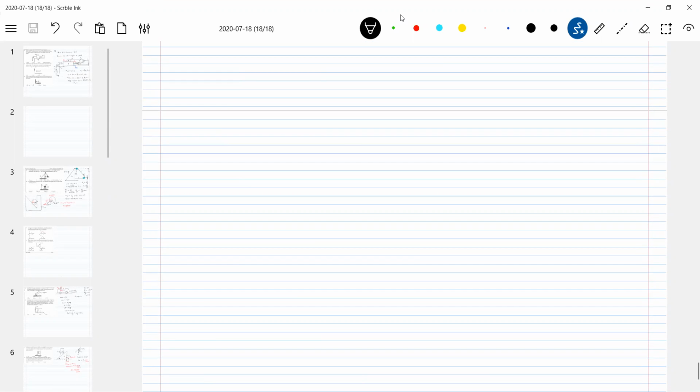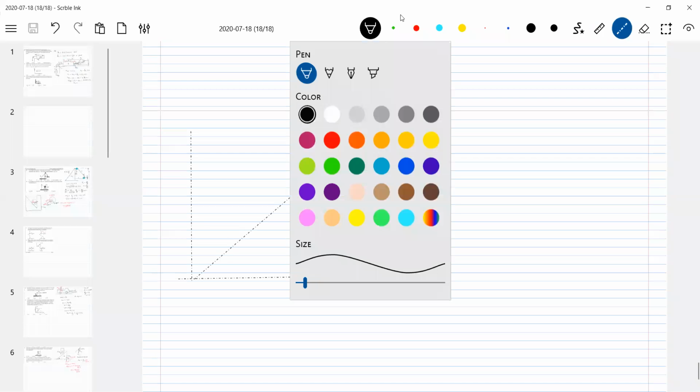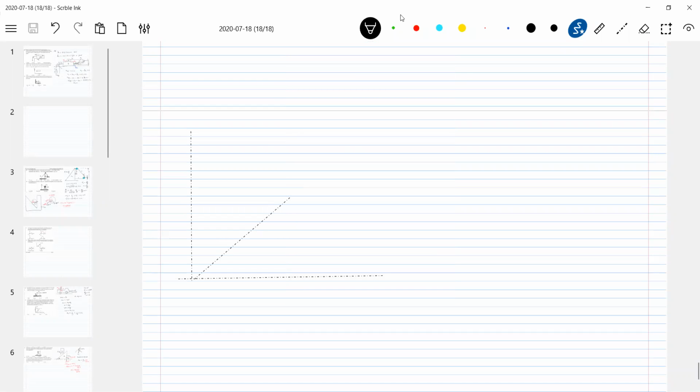Now one more condition. Here is a particle. I want the angular velocity of the particle P, and there is the origin.